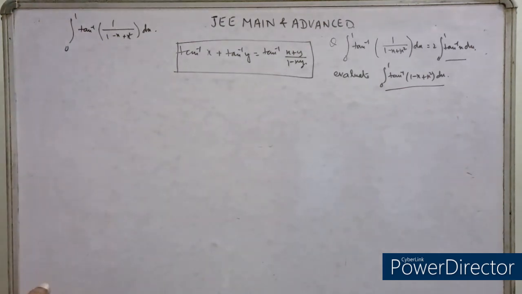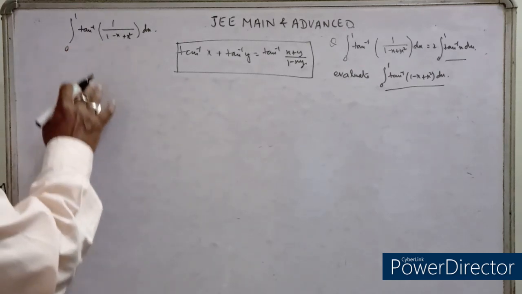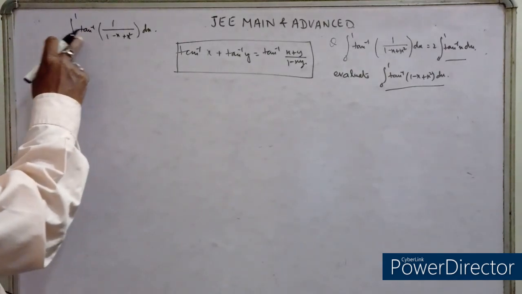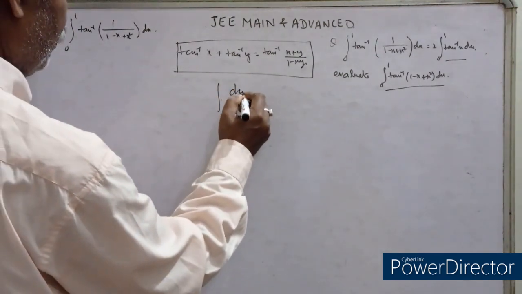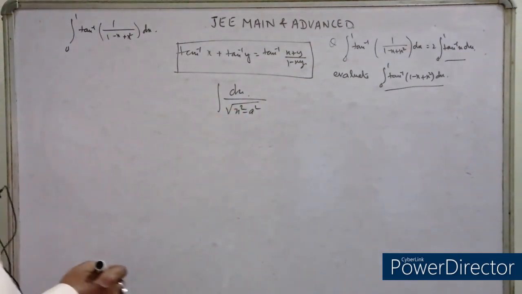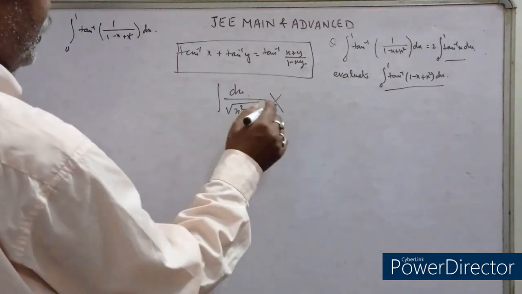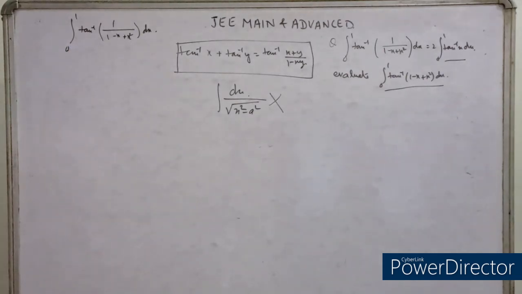How can you solve this? You can't solve it by completing the square, because there is tan inverse x, so you can't bring this into the form root over x square minus a square or x square plus a square.